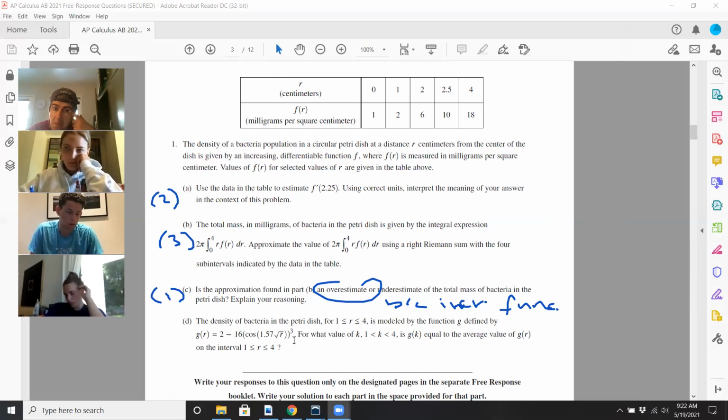Then, if we take a look at D, the density of bacteria in the Petri dish is modeled by the following function, a really wacky function.